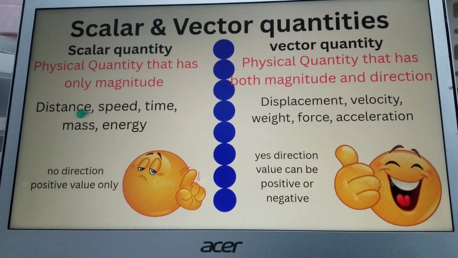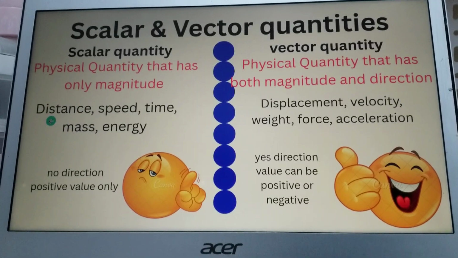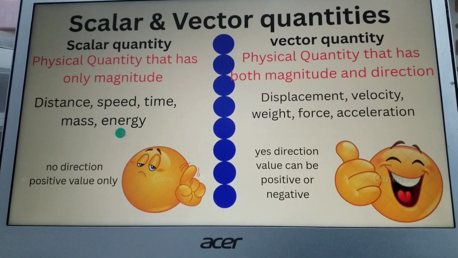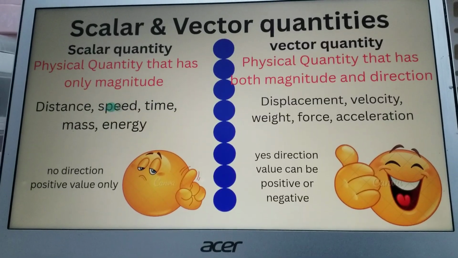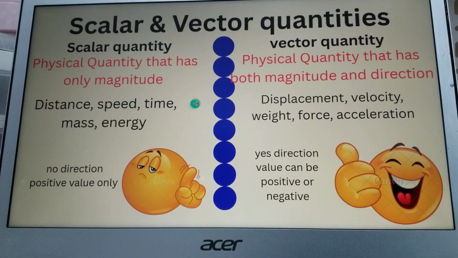Examples of scalar quantities are distance, speed, time, mass, and energy. These only have magnitude, and they don't show direction using the number.